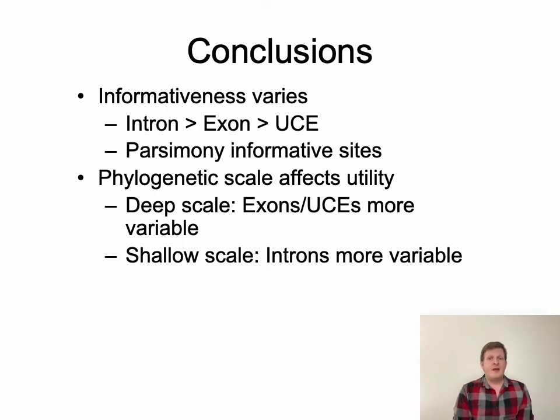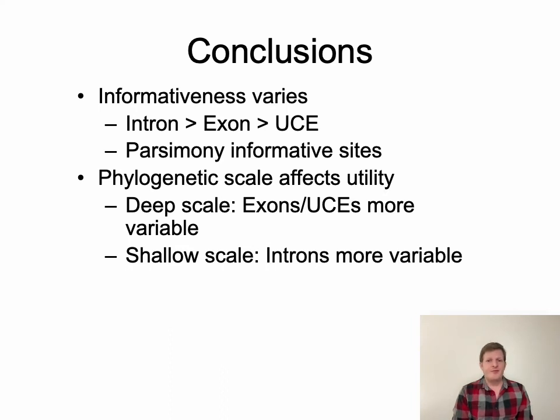At different phylogenetic scales, we find that introns had the most useful variation at shallow scales because the introns could be aligned together. But also at these shallow scales, the exons and UCEs were not variable, so the probe set provides a way to have variation even at the species level. And then at deep scales, exons and UCEs were more variable and thus more useful at these broad phylogenetic scales.